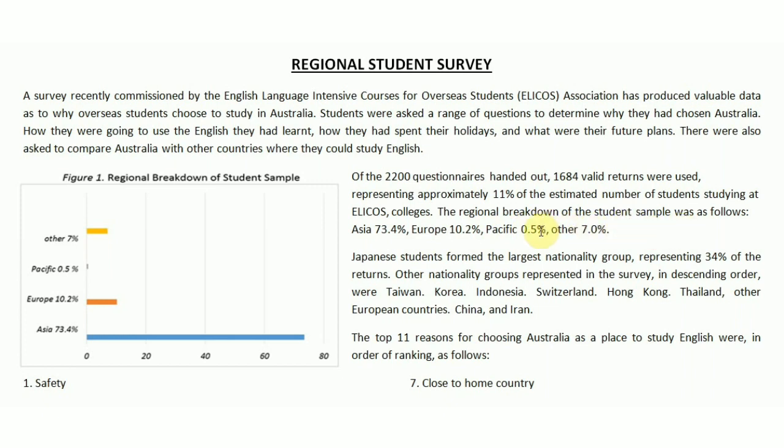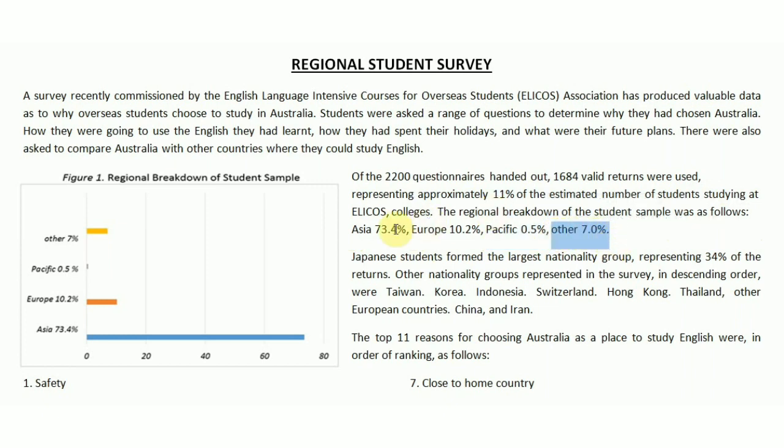Yes, here comes our location. The regional breakdown of the student sample was as follows. Like Asia was 73.4%. So 73.4% students belong to Asia, and then 10.2% belong to Europe, 0.5% to Pacific, and 7.0% to others.